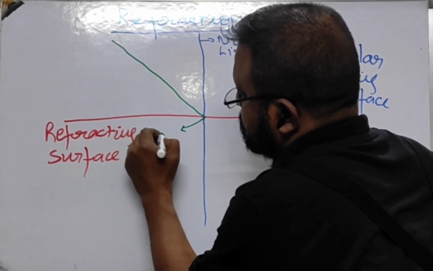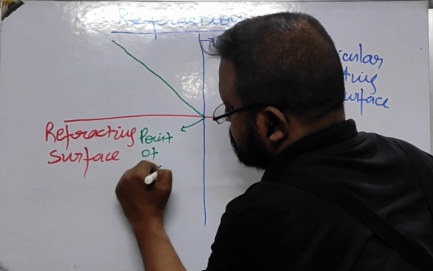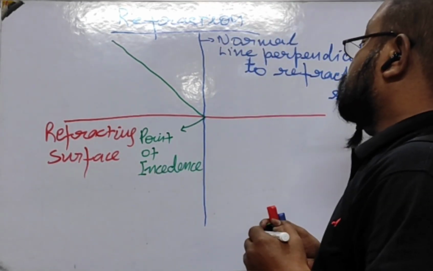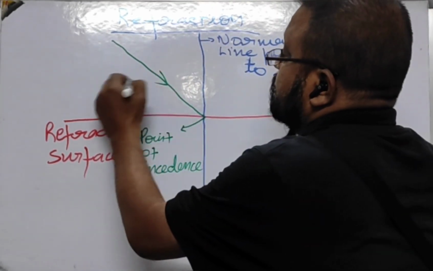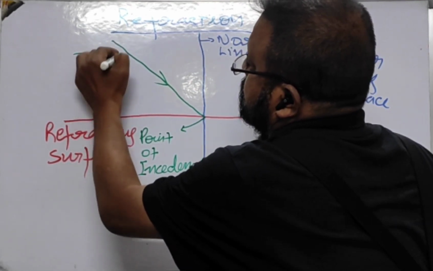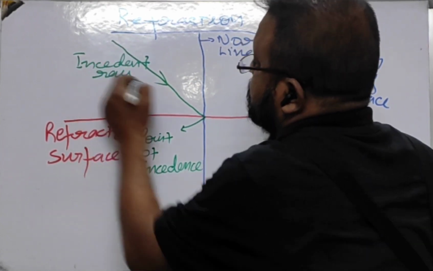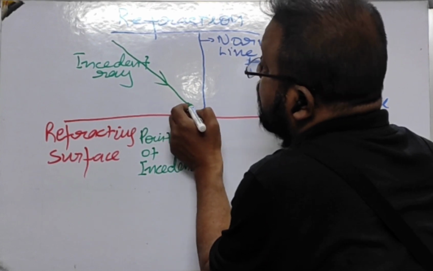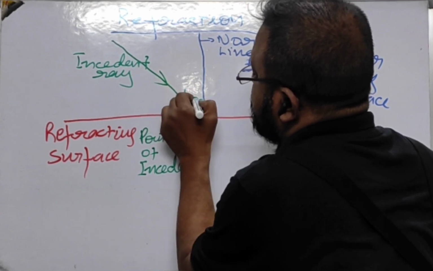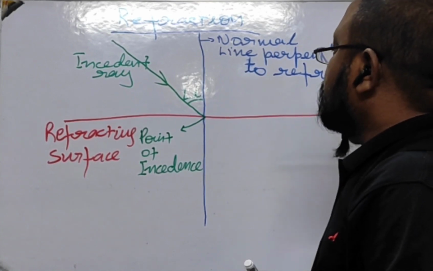The angle between the incident ray and the normal is known as the angle of incidence, right?